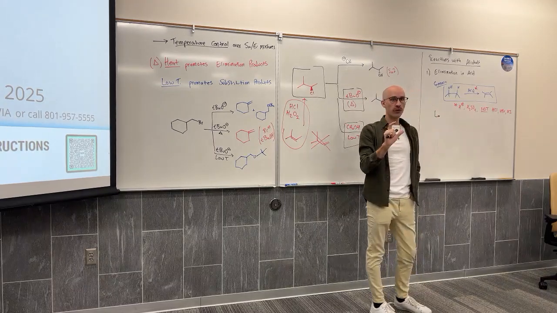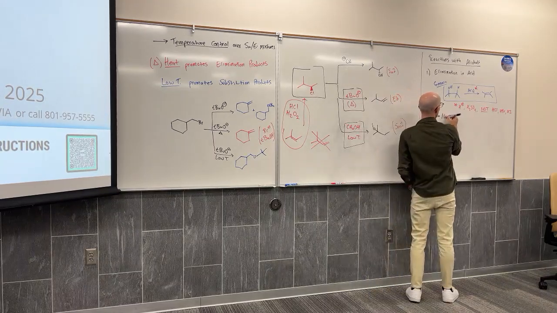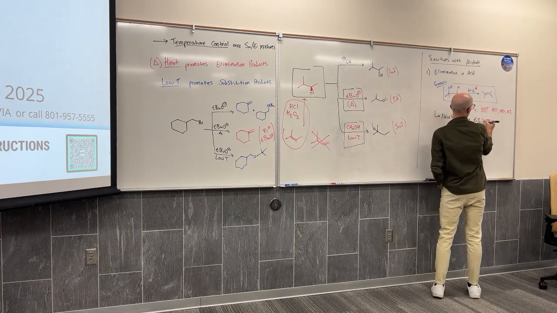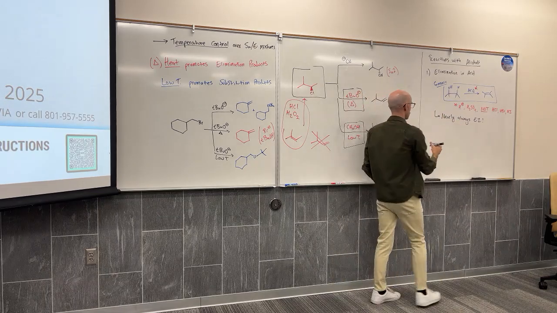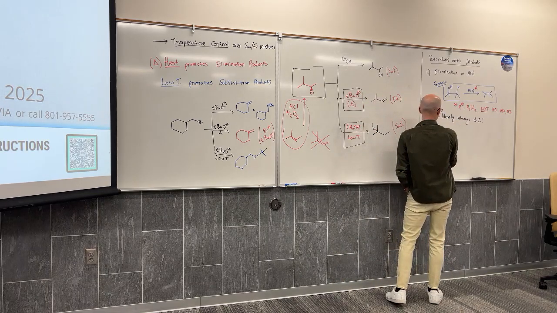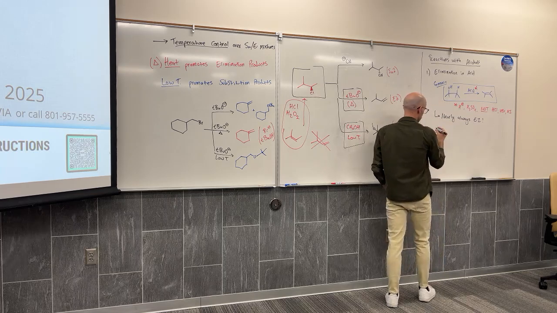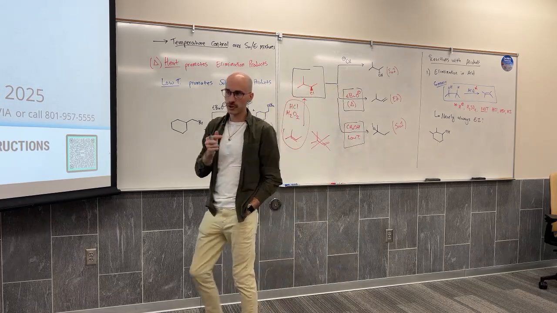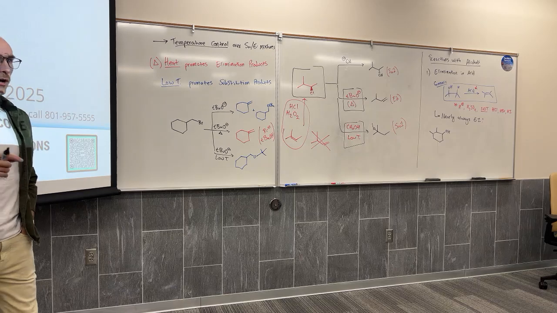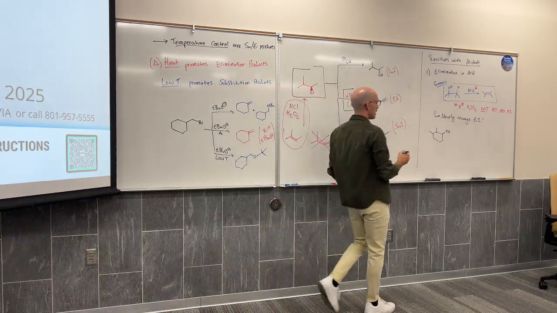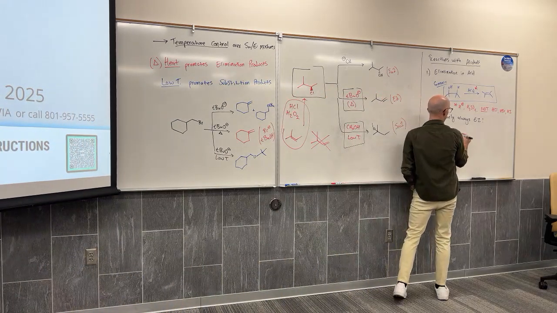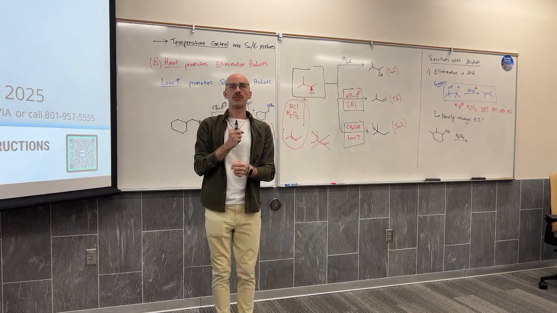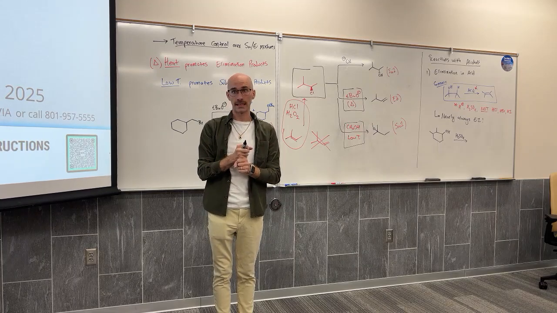These are almost always E1 mechanisms. So if I take this 2,3-dimethylcyclohexanol and I react this with sulfuric acid, I cannot just look for the Zaitsev alkene.